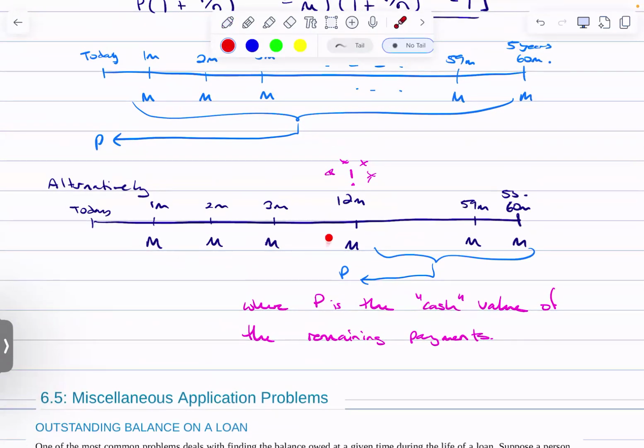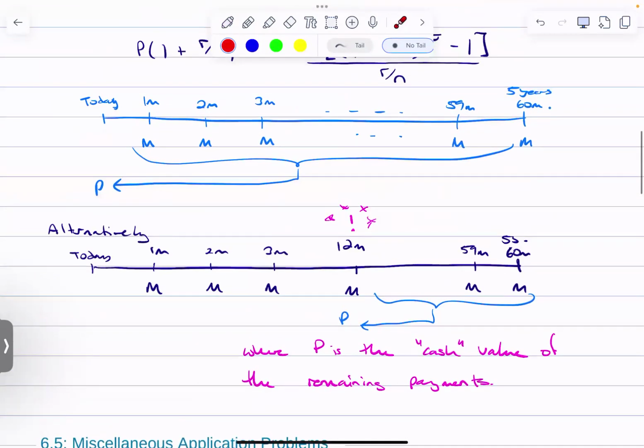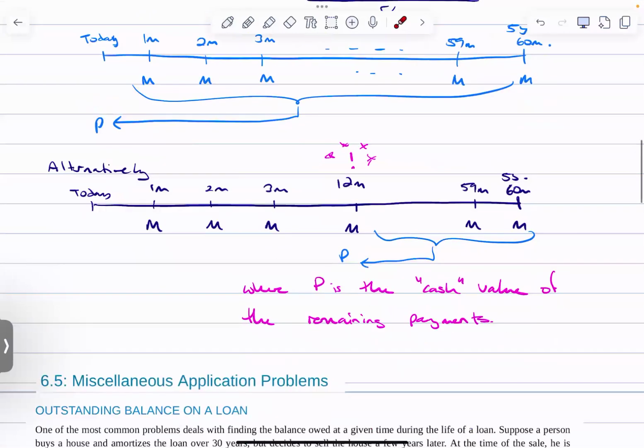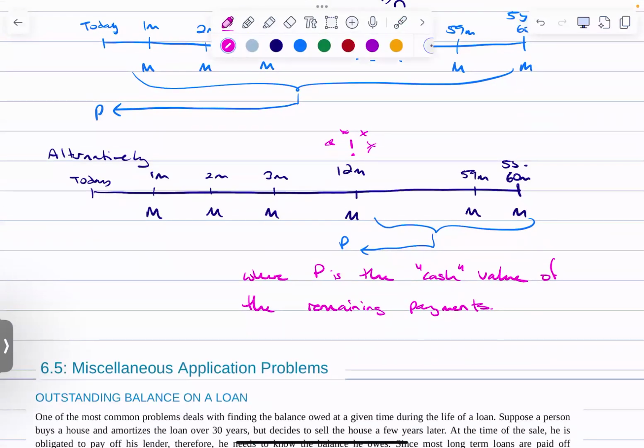So we can ignore these here. We've already paid these down. And so what if we just ignore them, and what if we just treat the 12-month mark, which is a year into my 5 years, and now this is going to have a length of 4 years.